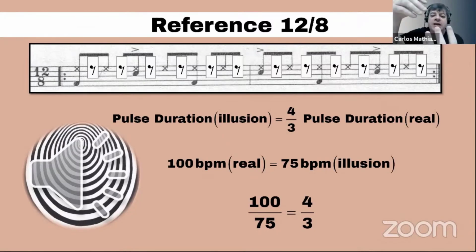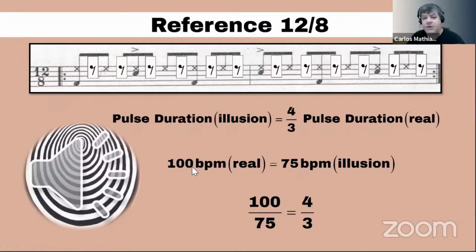So what happens is that you had an increase of 1/3 of duration. So now the pulse duration in the illusion equals 4/3 of the real pulse duration.